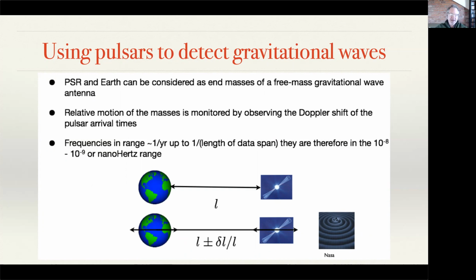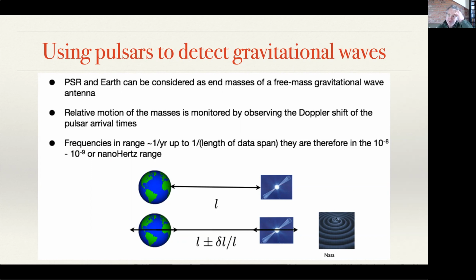These lasers bounce back off the mirrors, and then the returning laser signal is correlated. And any changes or apparent changes in the length, or the distance traveled, I should say, by the laser beams, causes a change in the interference between them. And this is evidence potentially for the presence of gravitational waves.